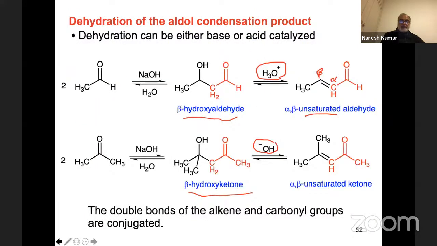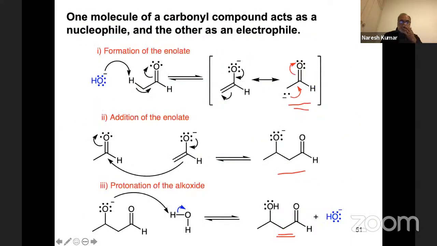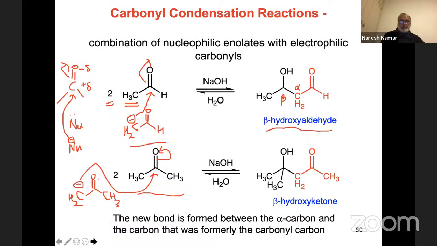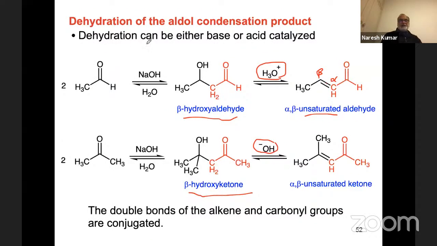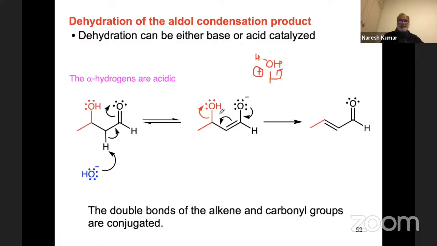So I think I had it on this slide that the dehydration can be either base or acid catalyzed. Since we are using base in that reaction, we didn't use any acid at all. So that means dehydration in that reaction happens in this manner, where you lose the OH as OH minus, which then protonates to give you water.